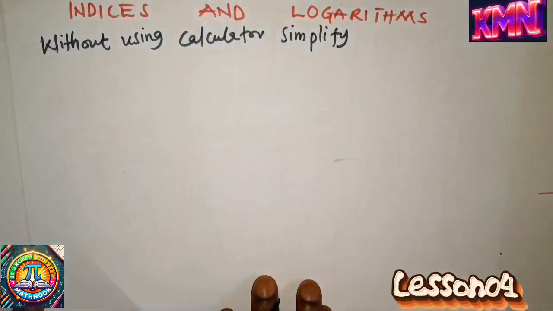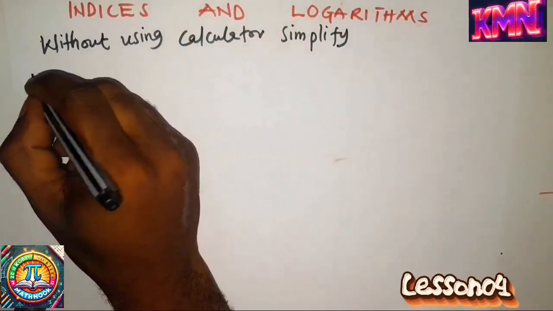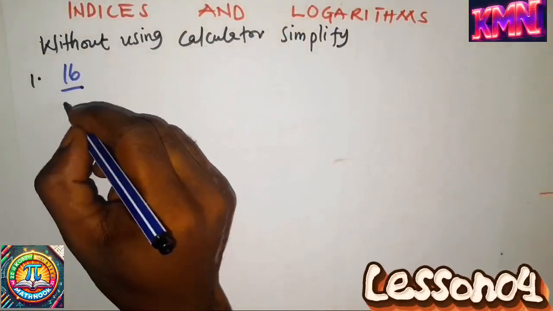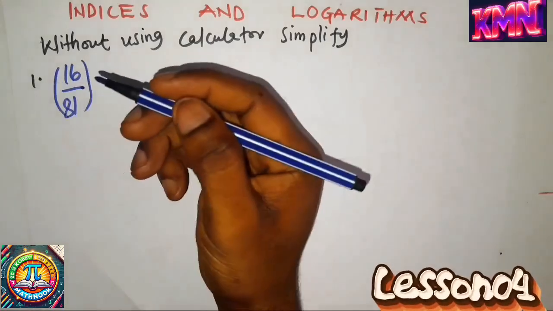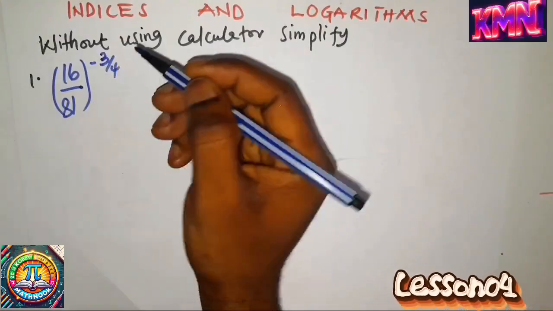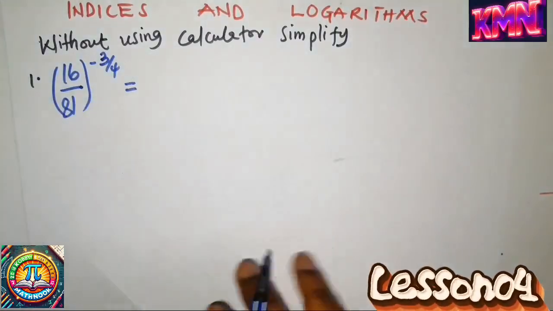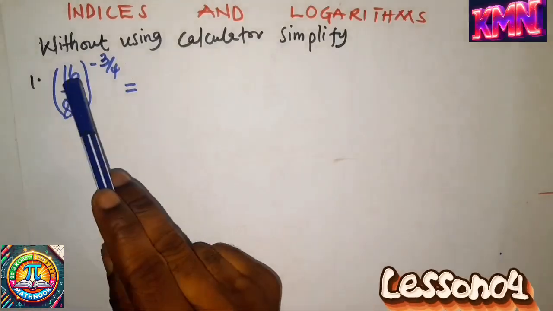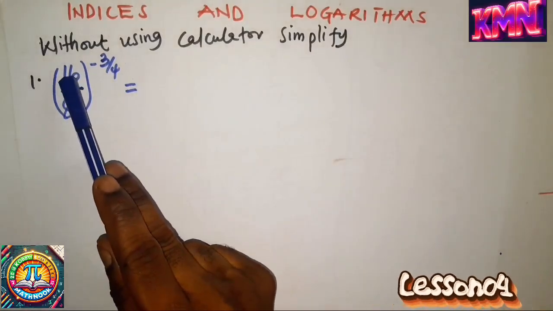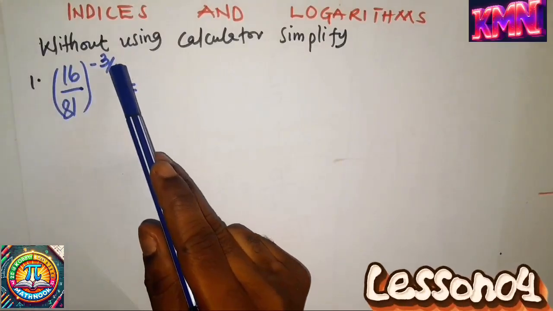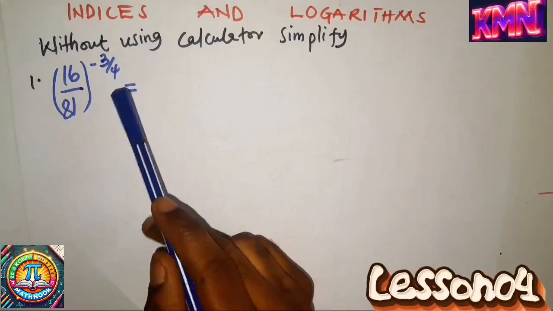So the question says, without using calculator, simplify number 1, 16 on 81 exponent -3 on 4. So how do we solve this? Anytime you are given this, first of all, you have to change the 16 to the index form, but always use the denominator of the fraction as a guide, and it's 4.